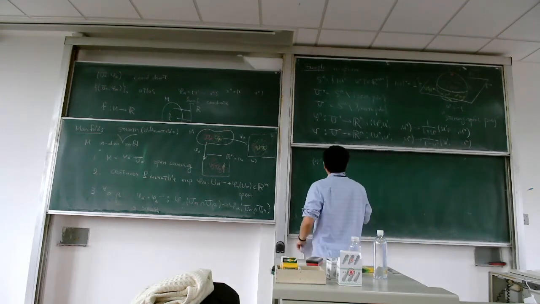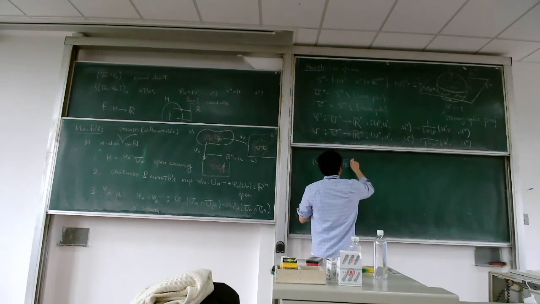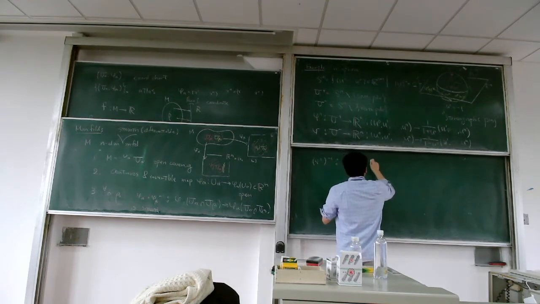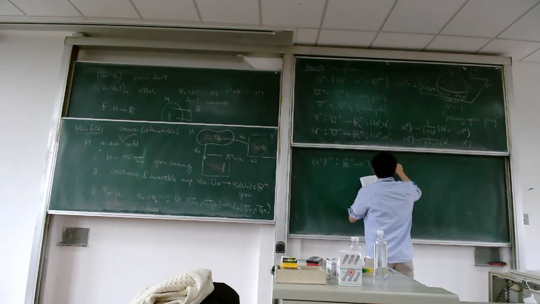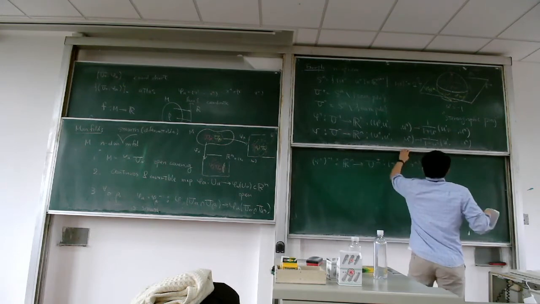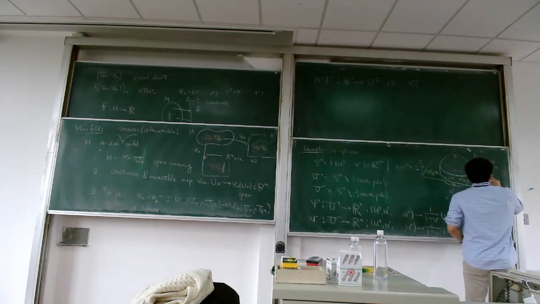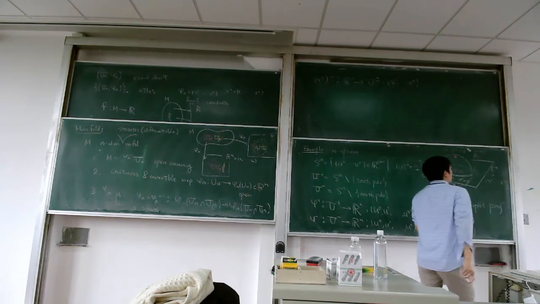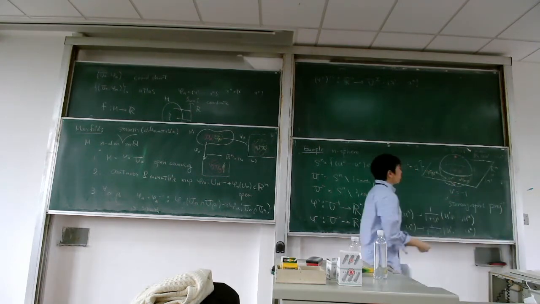So phi plus minus inverse goes from Rn to U plus minus; x1 to xn is the coordinate of this one, whereas this one has coordinate u0 to un.